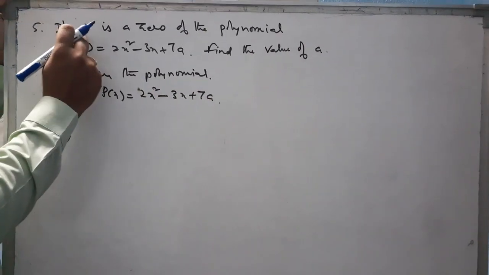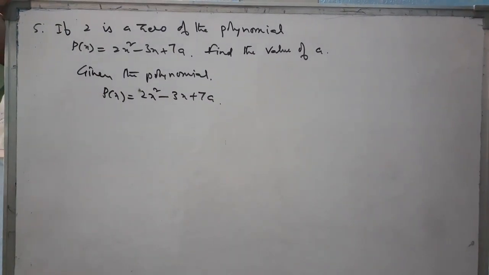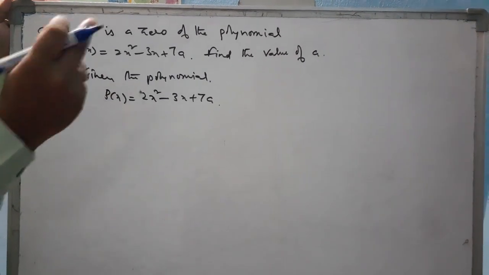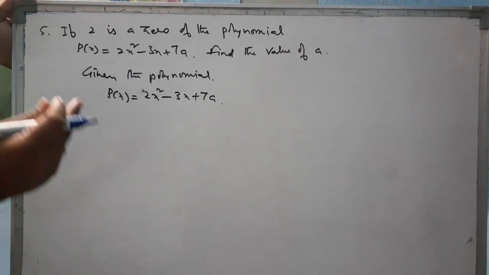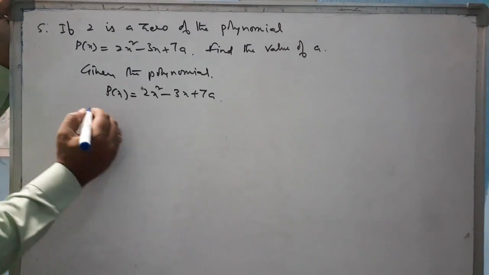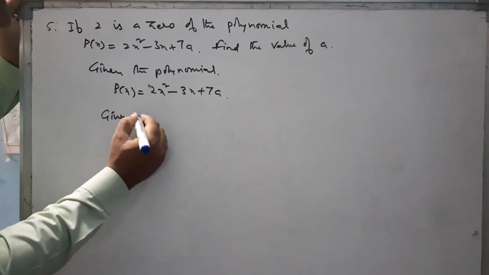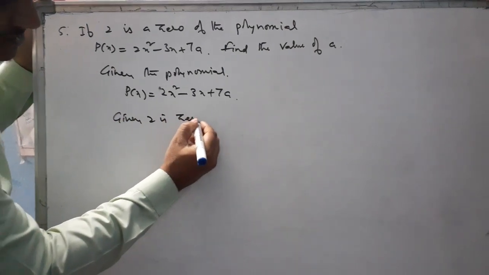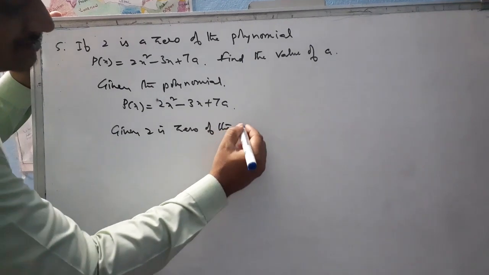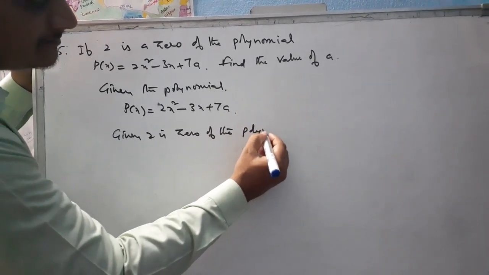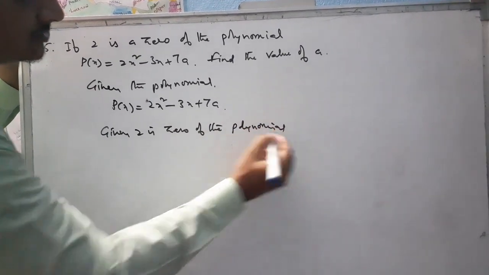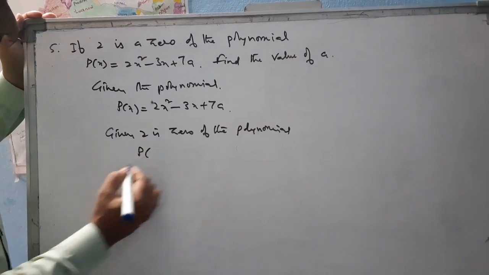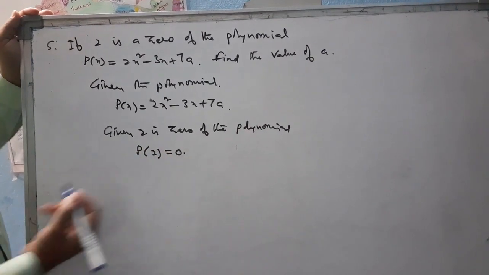It is given 2 is a 0 of the polynomial. If 2 is a 0 of the polynomial, then p of 2 equal to 0.